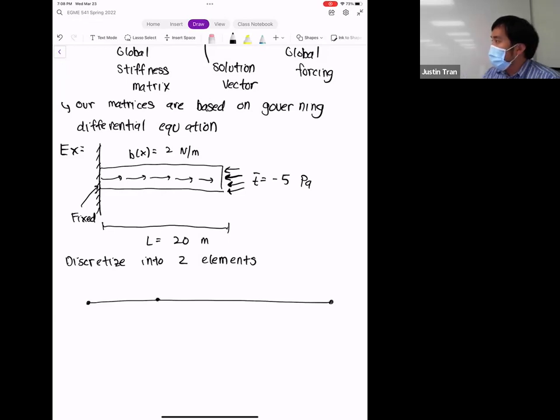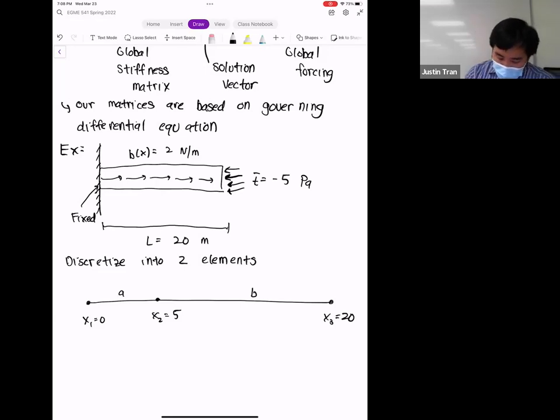The elements are not going to be the same size. We're going to have element A and element B. Element A here is only going to be 5 meters long. The x coordinate for node 1 is going to be 0 because that's at the origin. The x coordinate for node 2 is going to be 5. Meanwhile, the x coordinate for node 3 is going to be 20 on the far side.